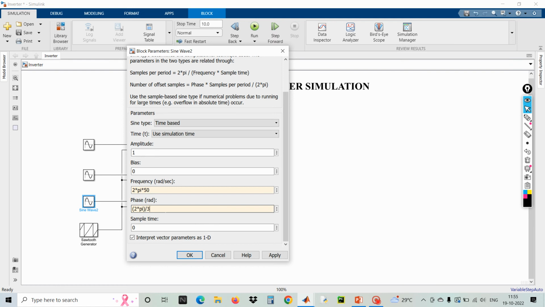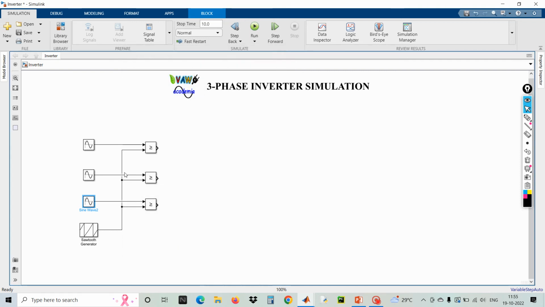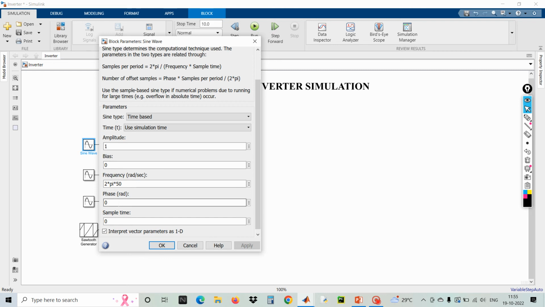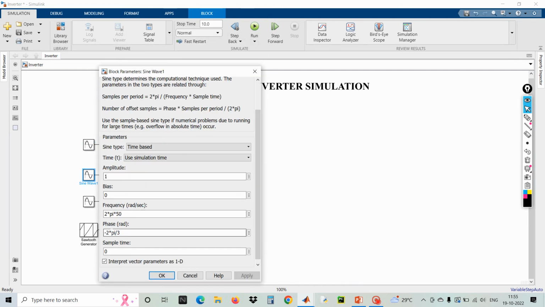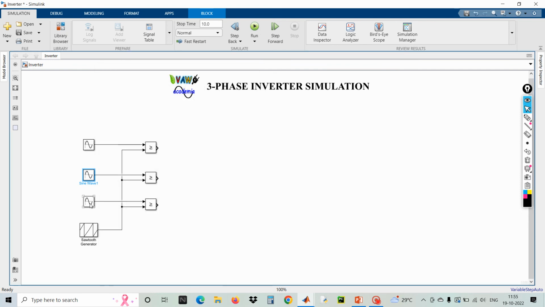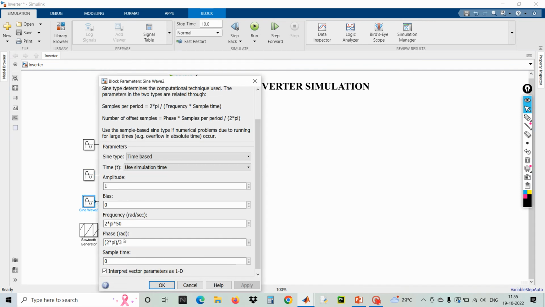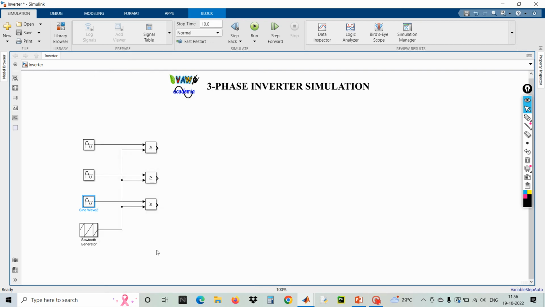We know that in this three-phase sinusoidal input, each phase will be 120 degree apart from each other. If you take the first sinusoidal waveform, the phase is 0. Second sinusoidal waveform, the phase is minus 2 pi by 3. The third sinusoidal waveform, phase is 2 pi by 3. Frequency is the same, 2 into pi into 50, in all the cases.